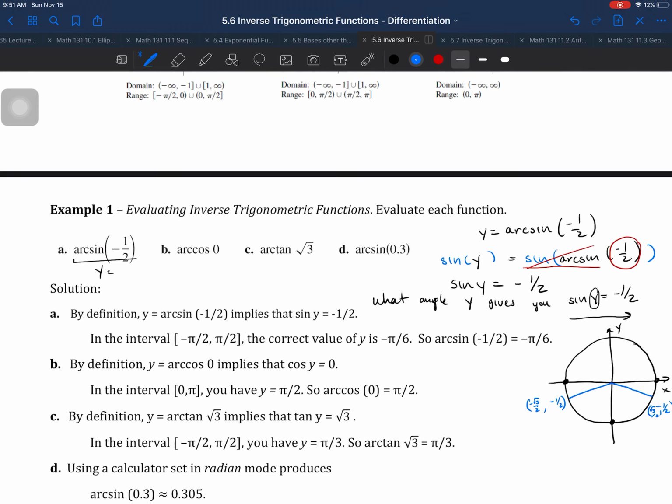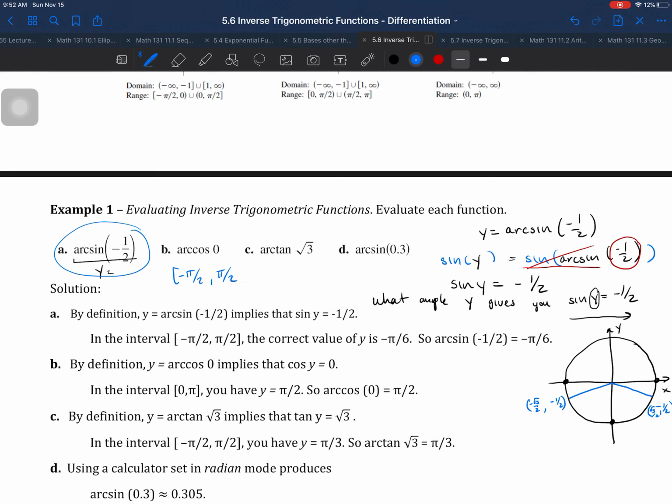So there are two questions you have to ask yourself. There are two options, and one of them is going to be your answer. First, which of these two angles is the solution, and then how do we find this angle? Let me remind you that the range of an arcsine needs to be between negative pi/2 and pi/2.